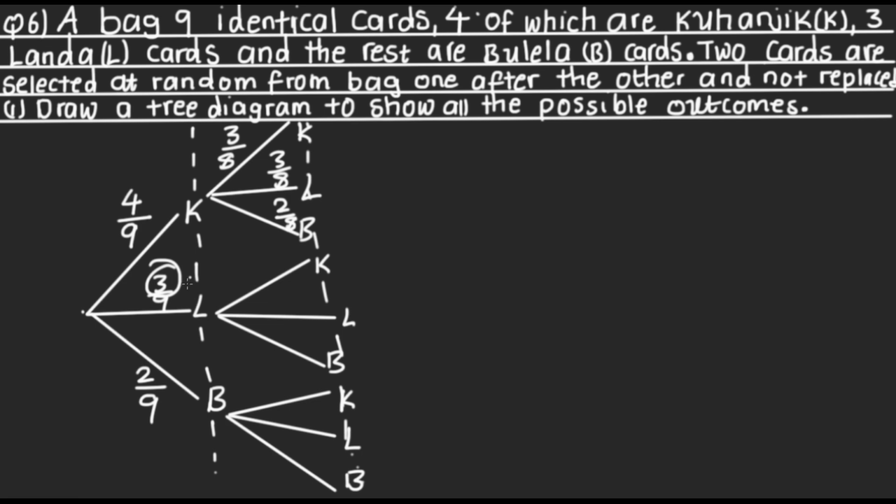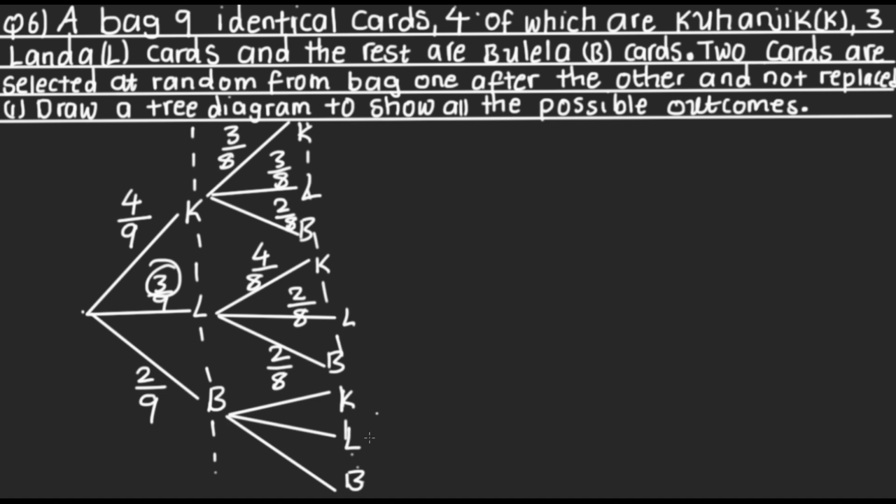Now the second one, since we subtracted 1 from 4, we are going to assume that we subtract 1 from 3. So this becomes 2 over 8, then 4 over 8. Since we assumed that the one picked was lambda, then we assumed the kuandika and bulela remained the same. So that's a pattern.